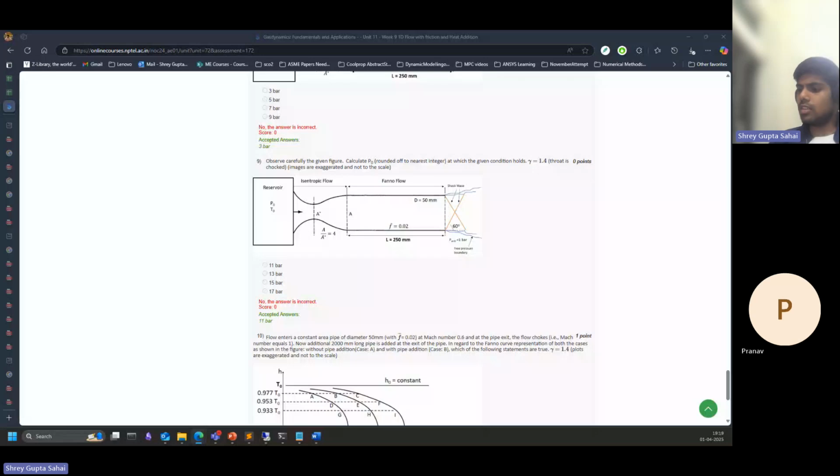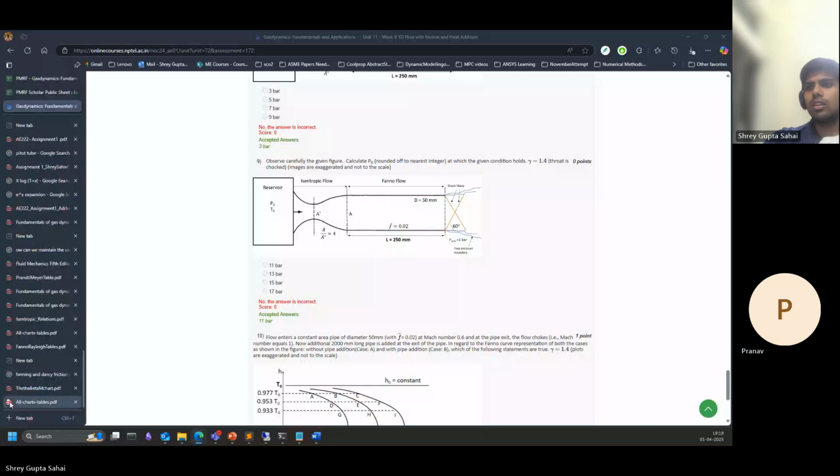Now Mn1 is 1.44; till 1.44 everything is okay. So 1.44 times sine 60 is 1.247.